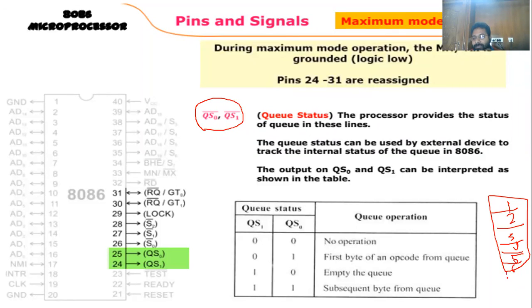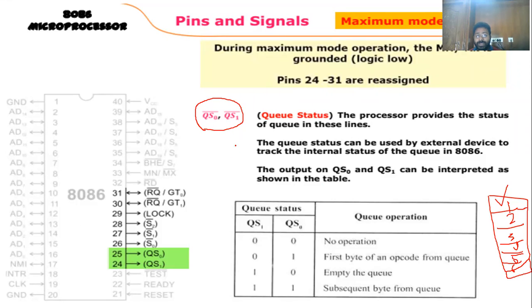The advantage of the 8086 microprocessor is that it can take 6 instruction codes from the memory at the same time and execute them one by one.